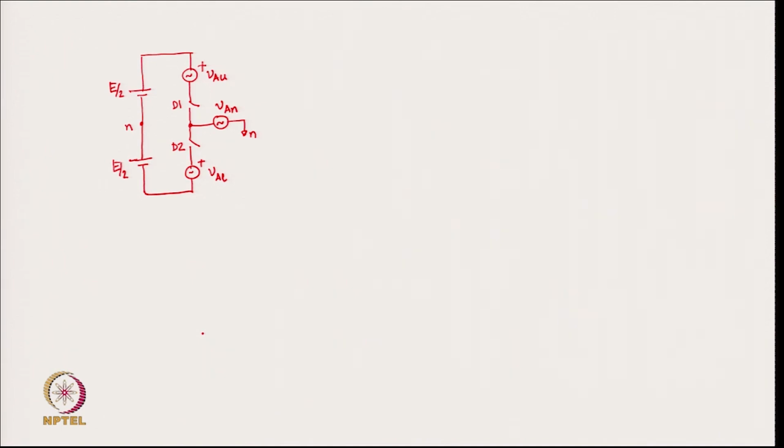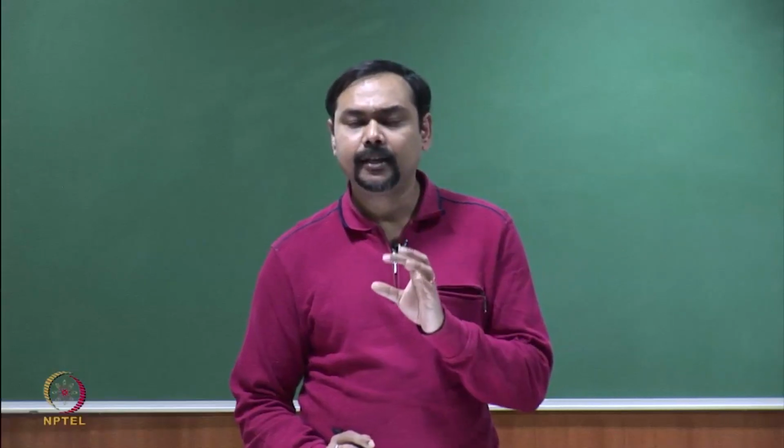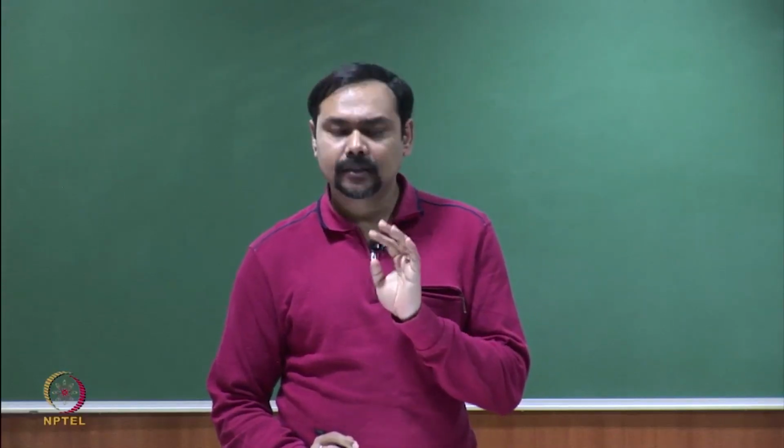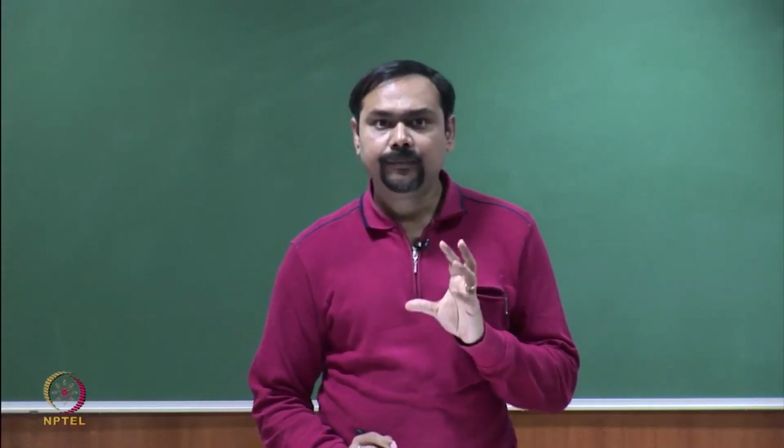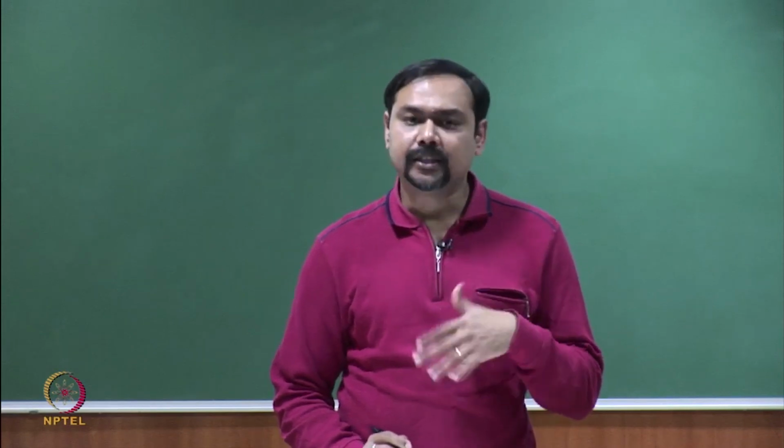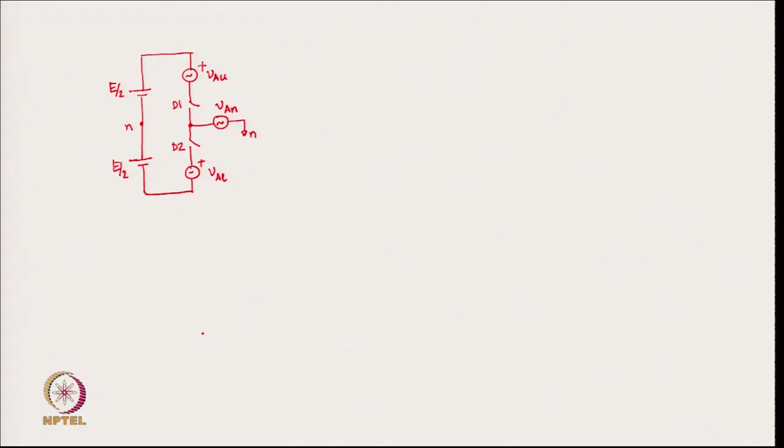So, as I told you, D1 and D2 are complementary. It is not exactly complementary, there is an overlap time period, but let us first understand, suppose let us assume that D1 and D2 are complementary.